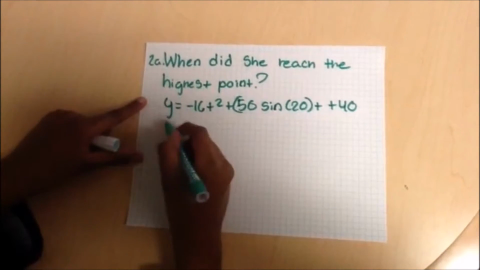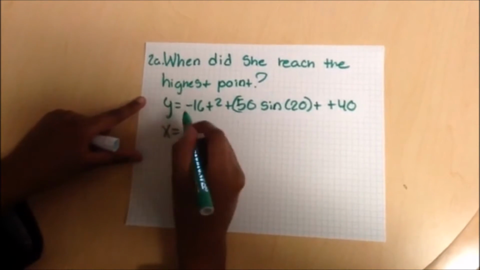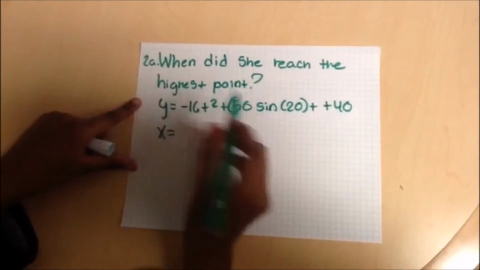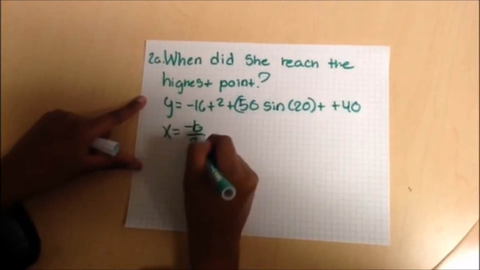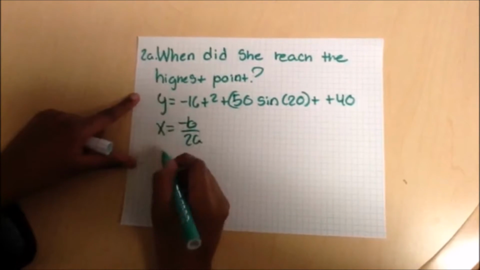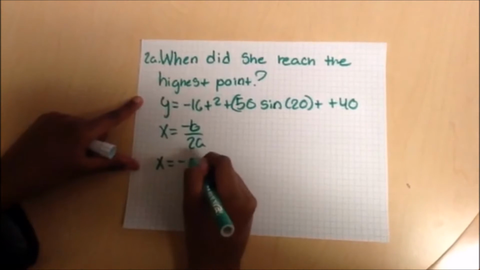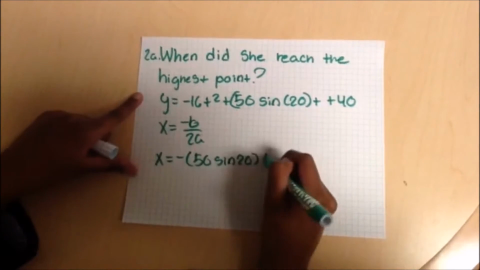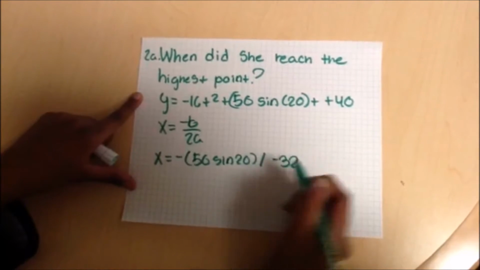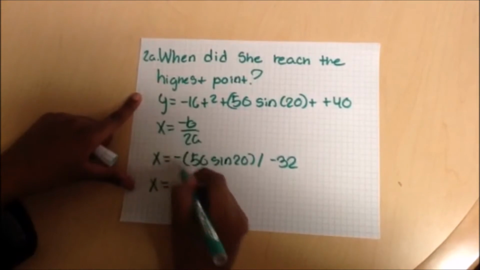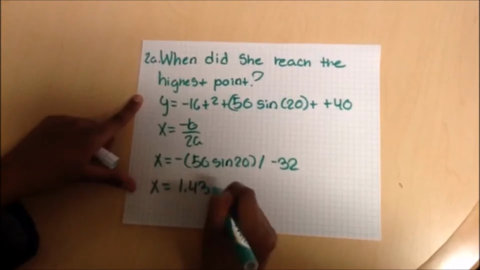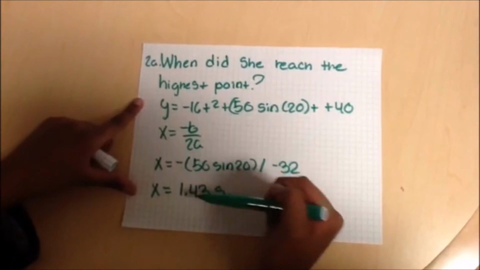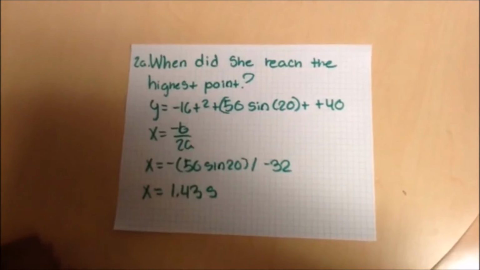To find the x value, we can simply use the equation negative b over 2a, which is the line of symmetry, which tells us where the maximum point is. So we just plug the values for b and 2a to give us negative 50 sine of 20 divided by negative 32, which gives us an x value of 1.43 seconds, meaning her highest point was when she was in the air for 1.43 seconds.